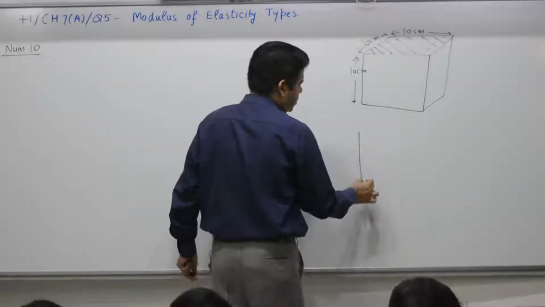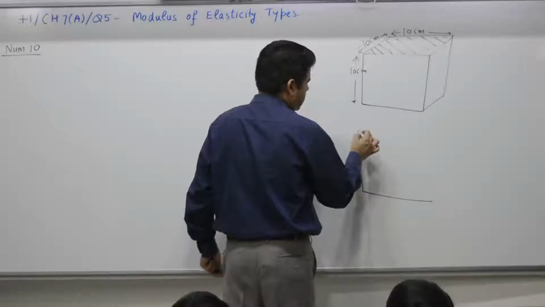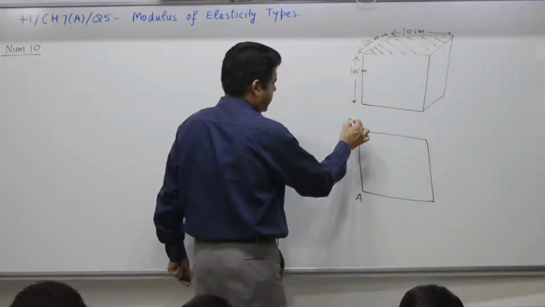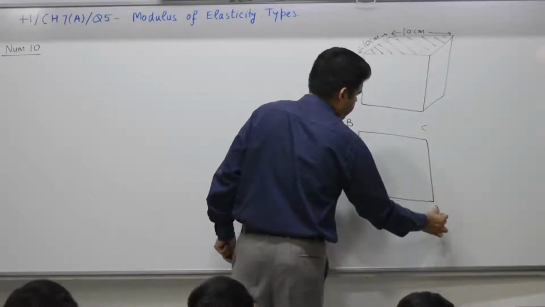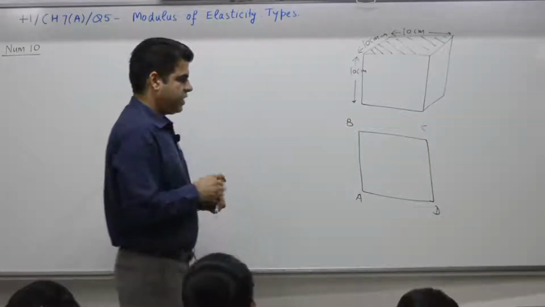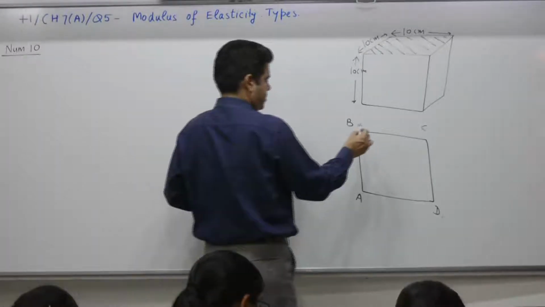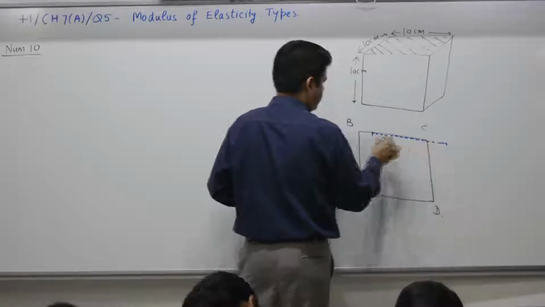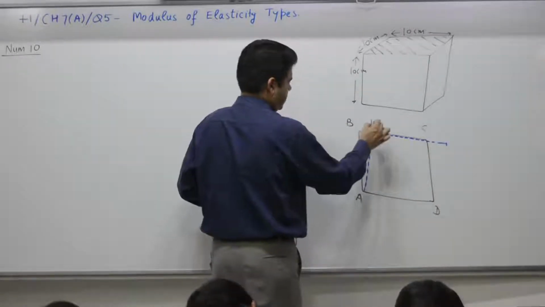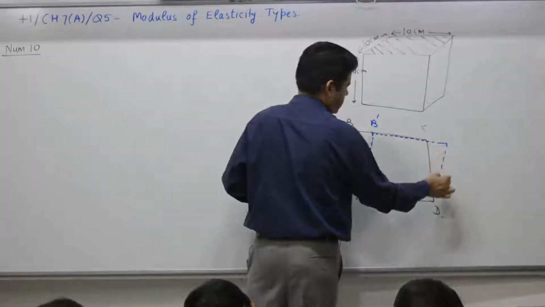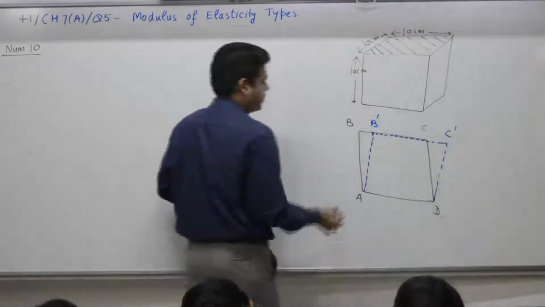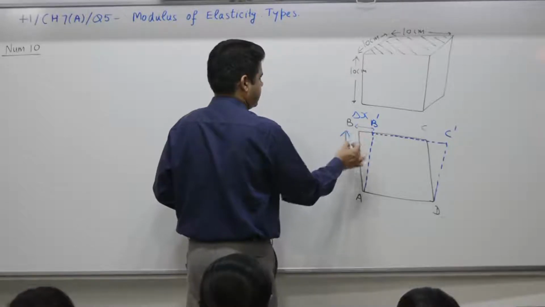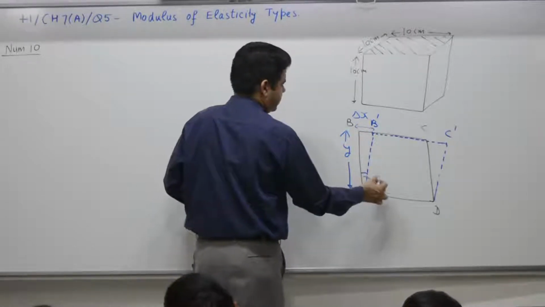When you apply force on the top surface, the upper face BC shifts to a new position, B dash C dash. This shift is delta X, this is Y, this is phi.